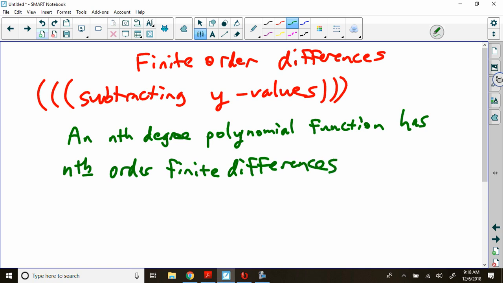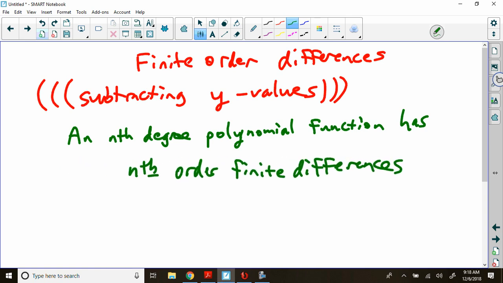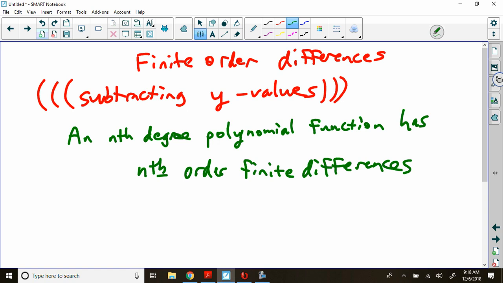And I left something out of here. An nth degree polynomial function has constant nth order finite differences. That phrase is really weird. You're probably looking at that and saying, what are you talking about, Willis? An nth degree polynomial function has constant nth order finite differences. Wow. What does that even mean? I'll show you what it means.